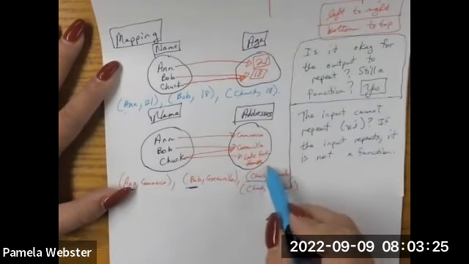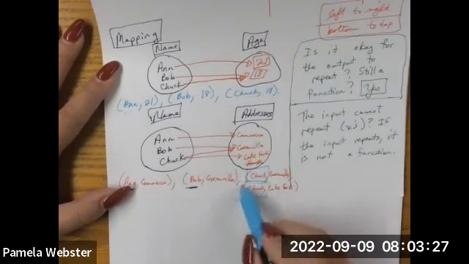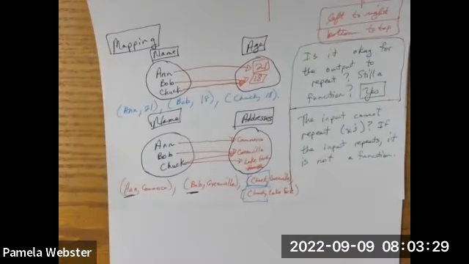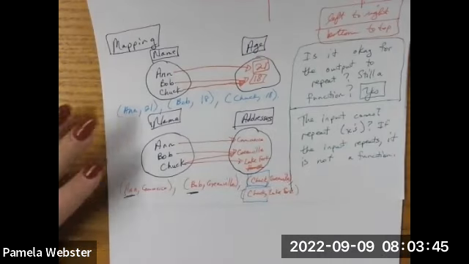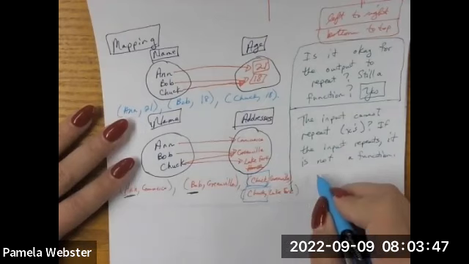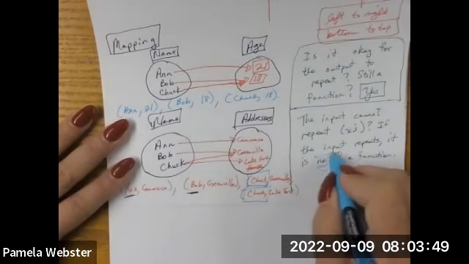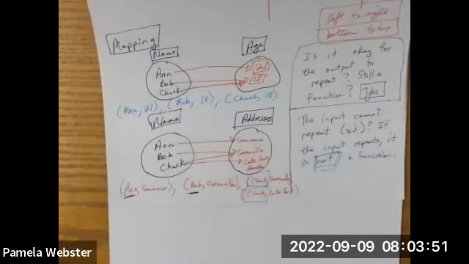But now when I look at it for addresses, I see that Chuck has 2 different points. So Chuck could be at Greenville or he could be at Lake Fork. Okay, I don't know where Chuck is right now. That's kind of a problem. Okay, so whenever I see that if the input repeats, then it's not a function. Not a function. I already wrote that down. Okay, so that's what we're watching out for.